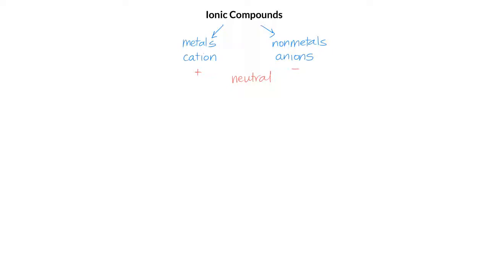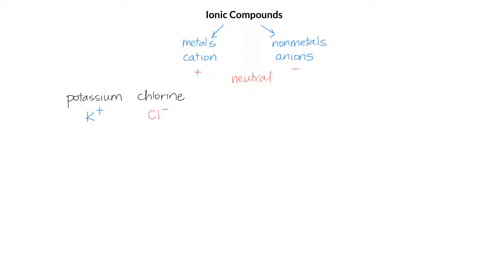What happens when we form an ionic compound between potassium and chlorine? Potassium is a metal with the charge +1 because it's in group 1 of the periodic table. And chlorine forms the chloride ion with a charge of -1 because it's in group 7 of the periodic table.